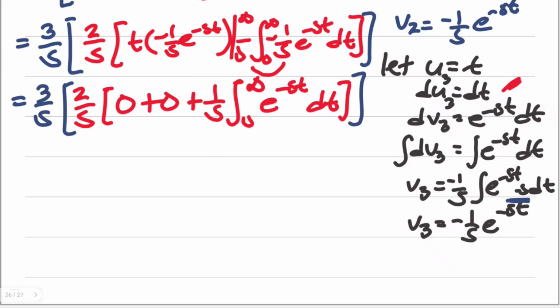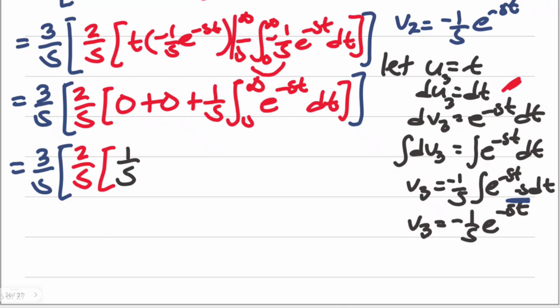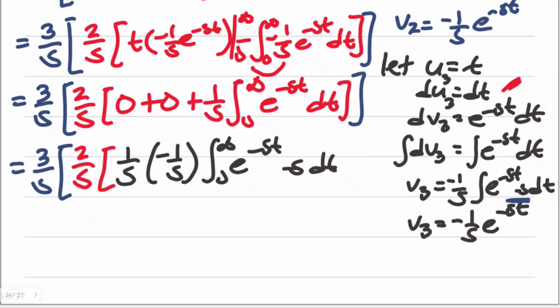So finally, you will have 3 over s, a factor of 2 over s. This is 0, 0, so a factor again of 1 over s. So we also need here times negative 1 over s, as you need e to the power of negative s here, dt. Okay? So to finish this, red, blue.